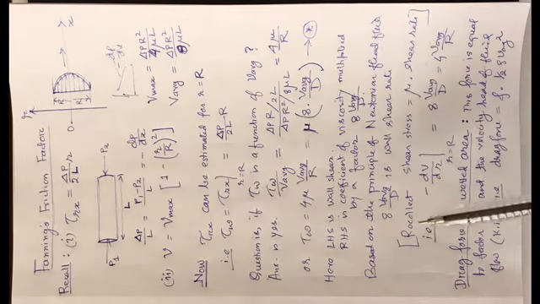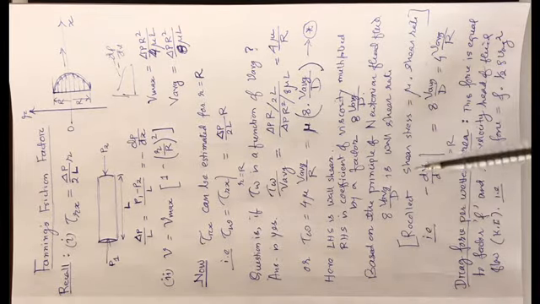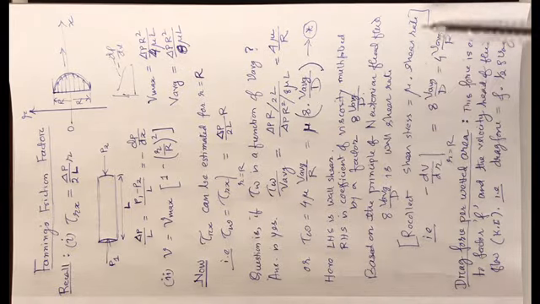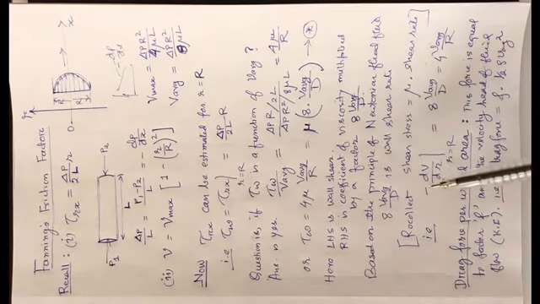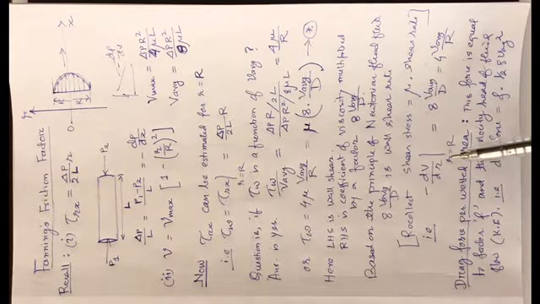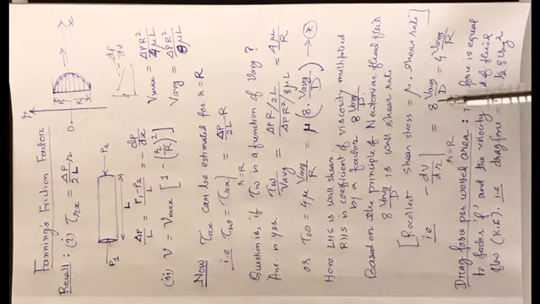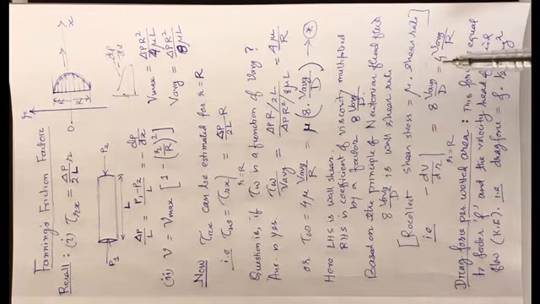Let me recollect: shear stress is equal to mu into shear rate, which means minus dV dr at location r by r. What will be its value? Its value is 8 times V average by d. The same thing we can write in terms of radius as 4 times V average by r.